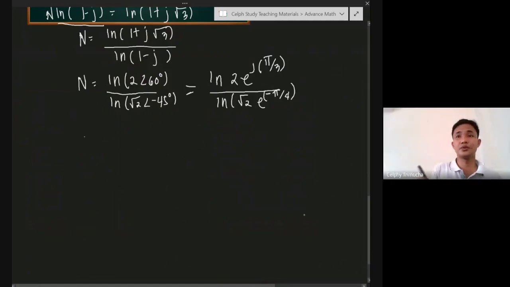Okay, so we have isang naka-amo nga equation. So we have another property of logarithm na pwede gamiton sa ila.